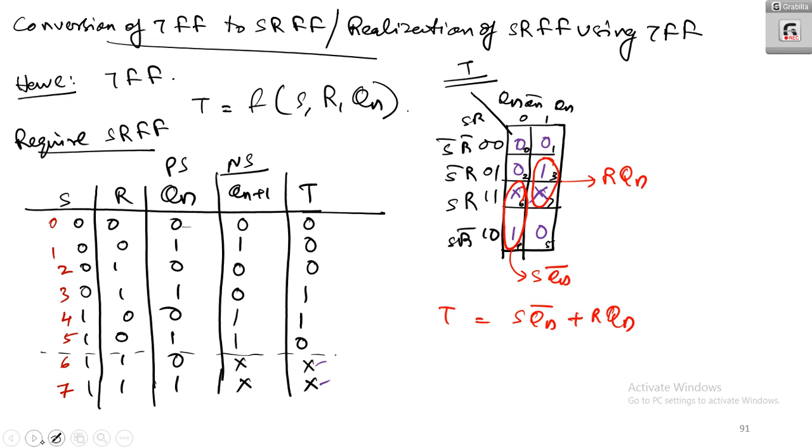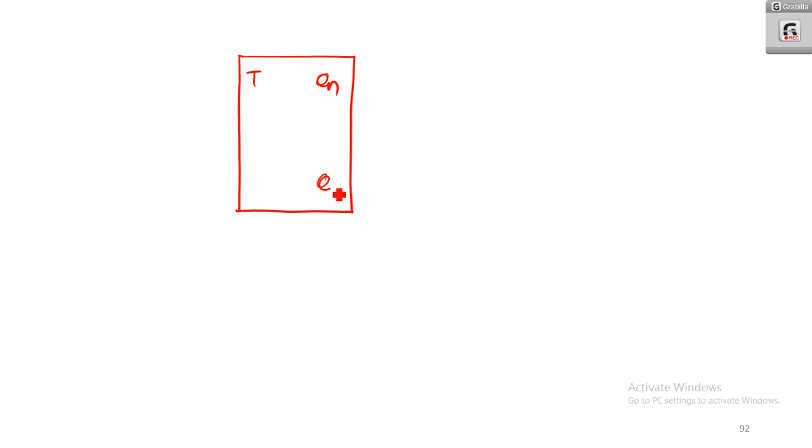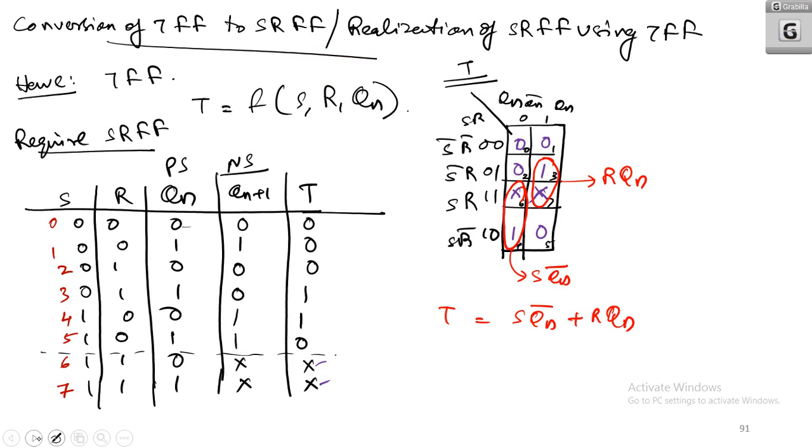So I am going to realize this. I have a T flip-flop, with Qn bar and the clock. Here what is T?